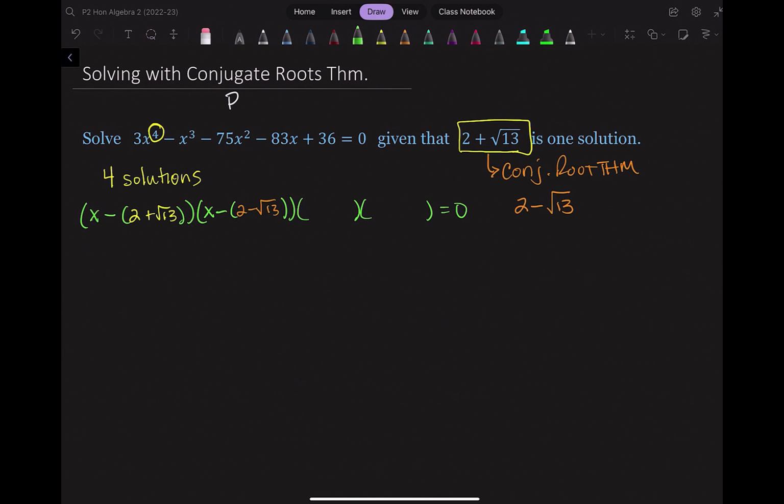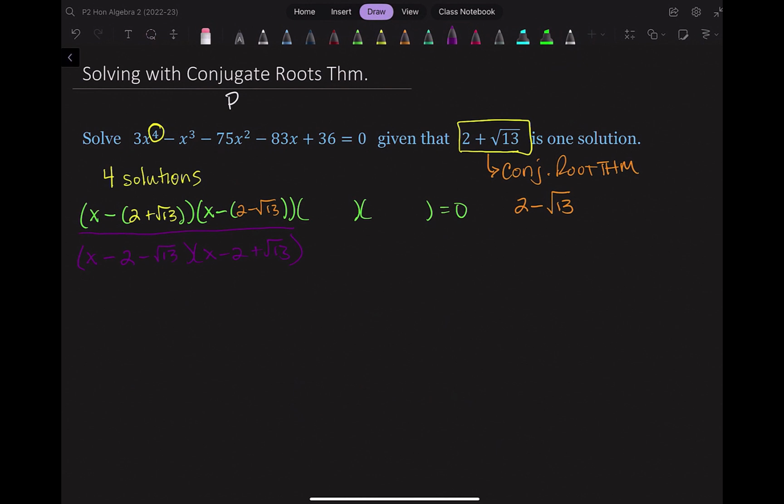We can expand, and I will do this in the same color. We can expand this. Okay, I will start by simplifying those negatives, or distributing the negatives through. And then this would fall under what we did in the last video. So let's go ahead and do that.